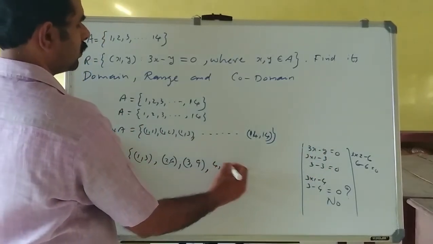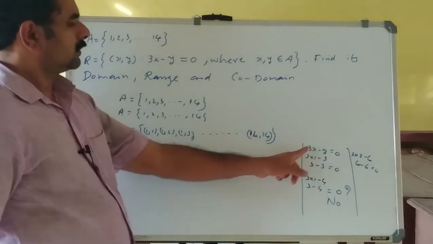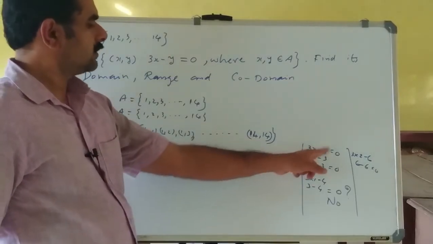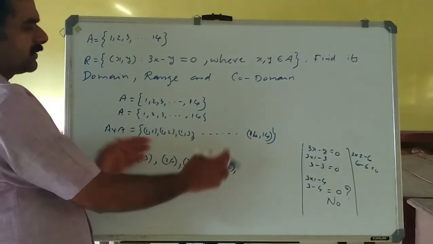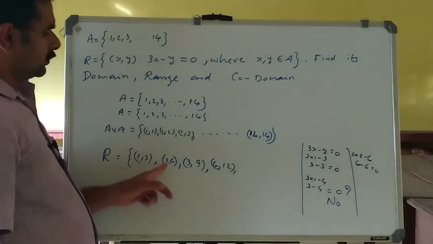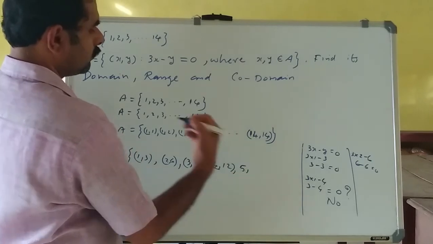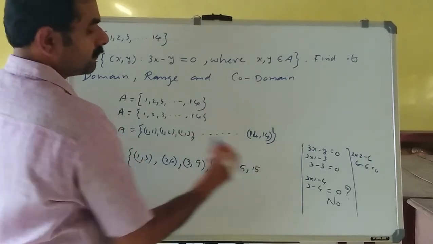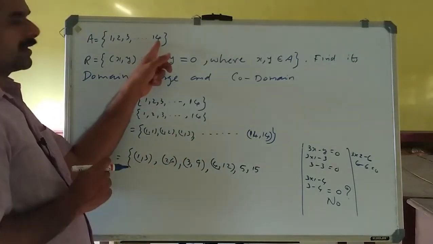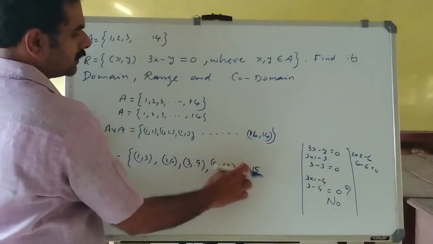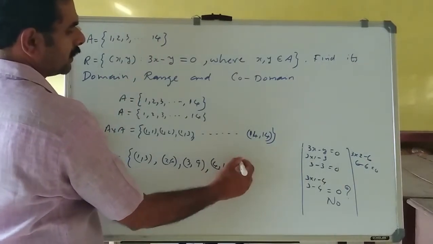Next, 4 comma 12. 3 into 4 is 12, minus 12 equals 0. This is a multiple of 3, isn't it? Very clear. 1 comma 3, 2 comma 6, 3 comma 9, 4 comma 12. Then the next pair 5 comma 15, isn't it? But 15 is not here. So you cannot take this one, and you can close here.